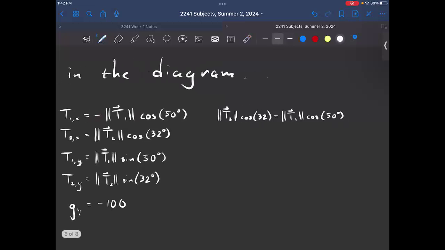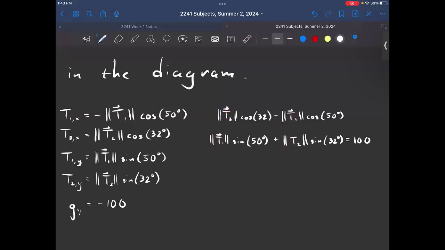I mixed up some coordinates with you, and we will deal with that later. The other thing that we have, though, is norm T1 sine of 50 plus norm T2 sine of 32 equals 100. And so now we have a system of two equations and two unknowns. The unknowns are the norms. And we can do some substitution.